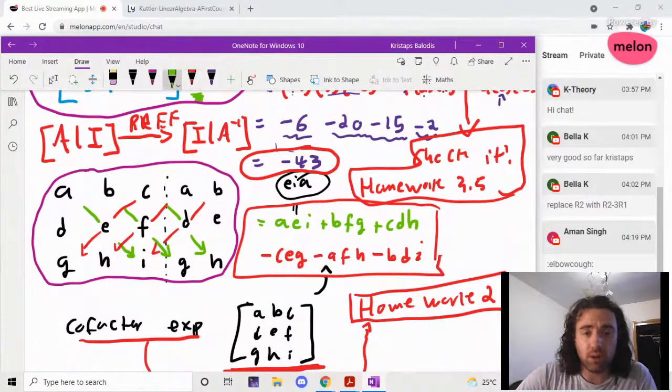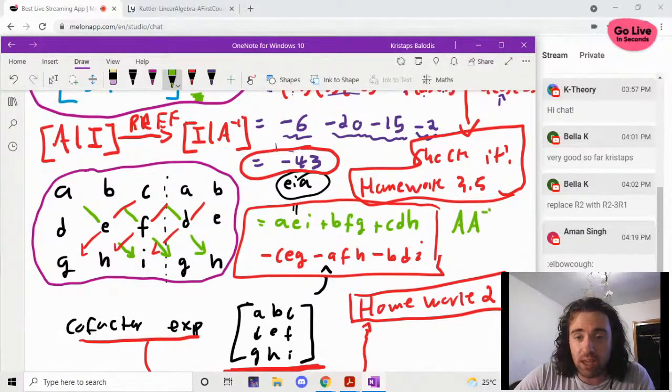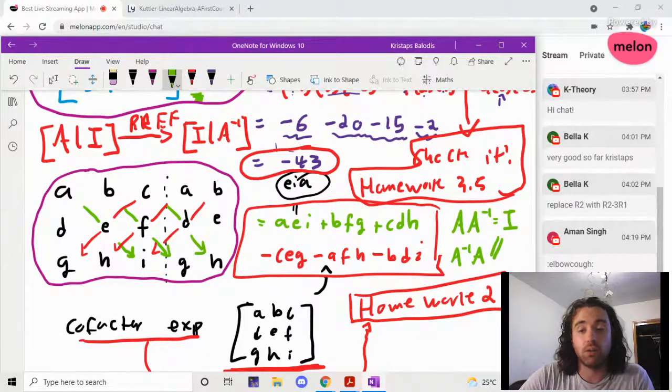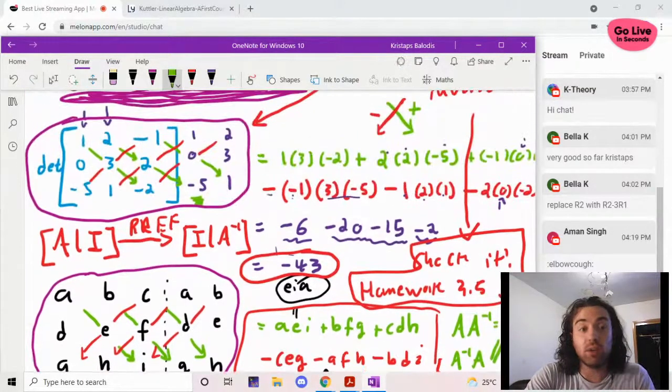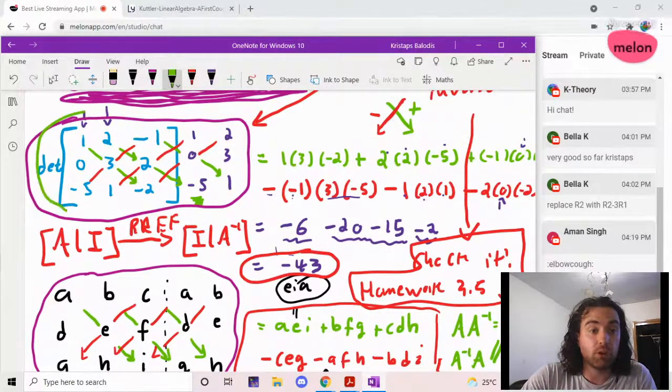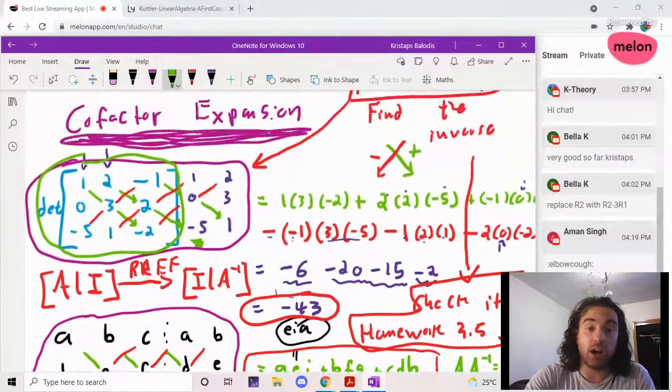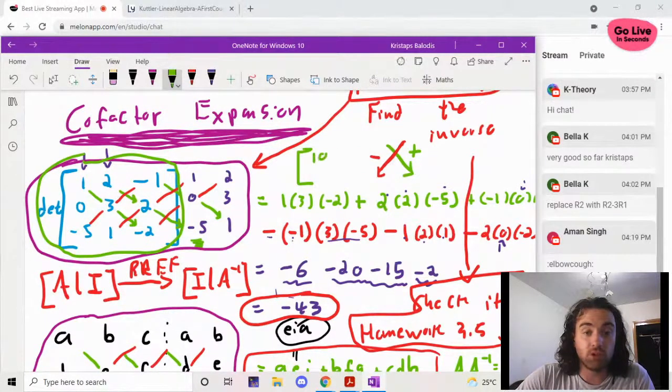Well, remember that in order to be an inverse, A times A inverse has to be the identity, or you can even switch the order in this very specific case. So take this matrix A that we started with, multiply it by the inverse on either side, it doesn't matter, and check that you get the matrix 1, 0, 0, 0, 1, 0, 0, 0, 1.